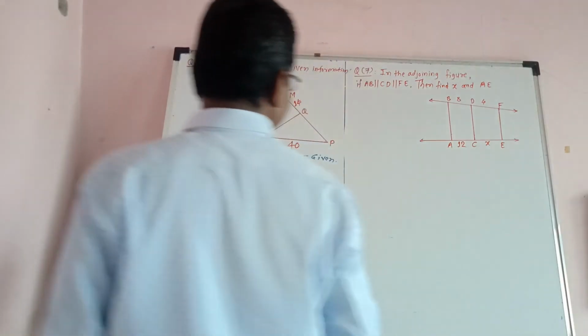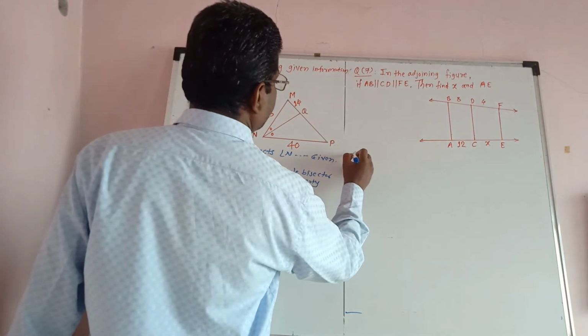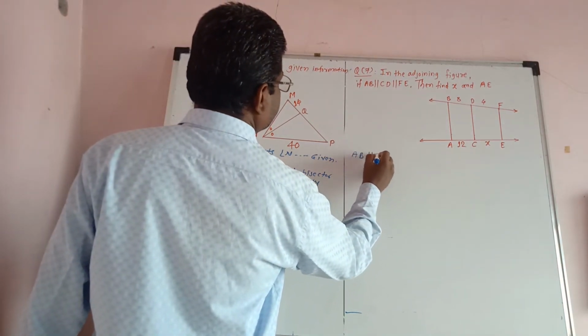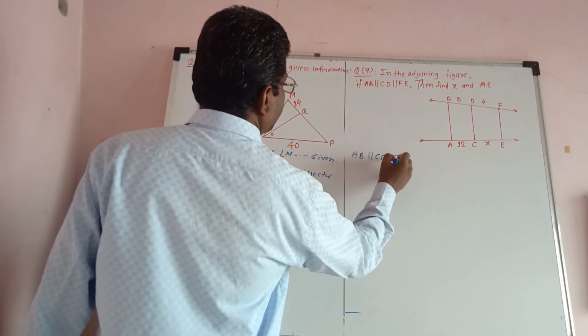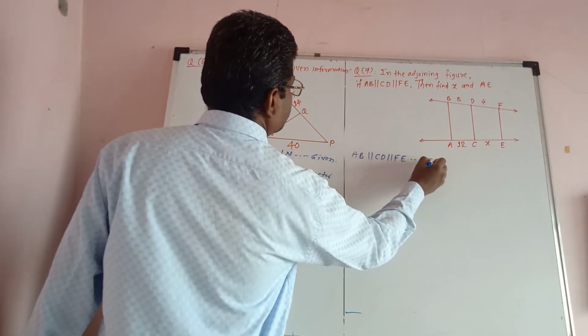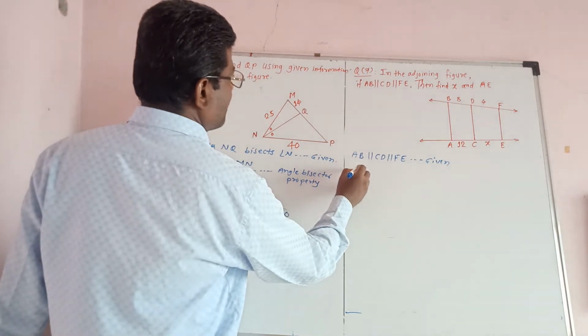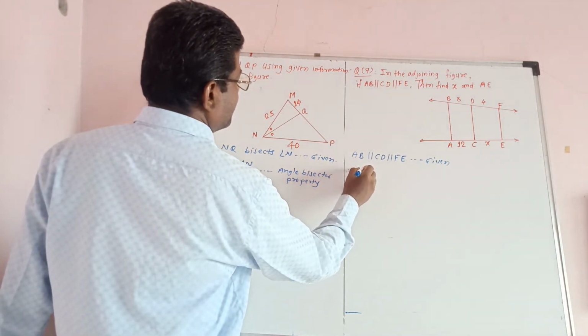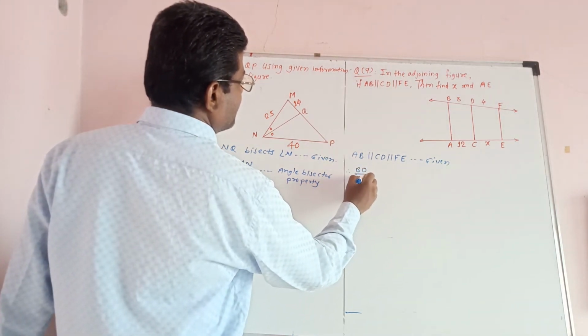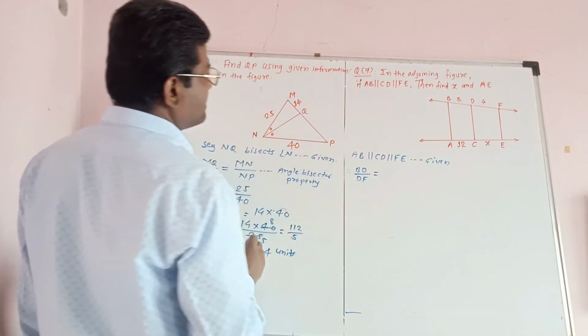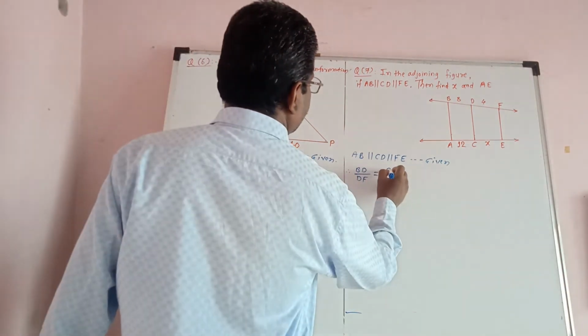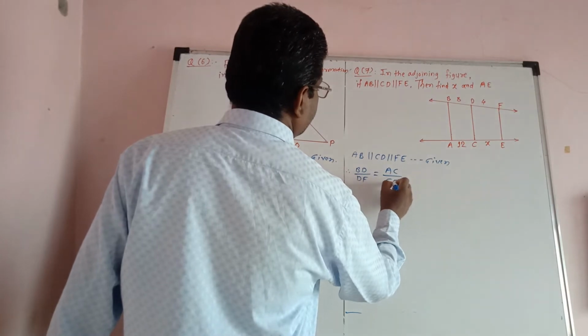So we write AB parallel CD parallel FE. This is given. Therefore BD upon DF is equal to AC upon CE.